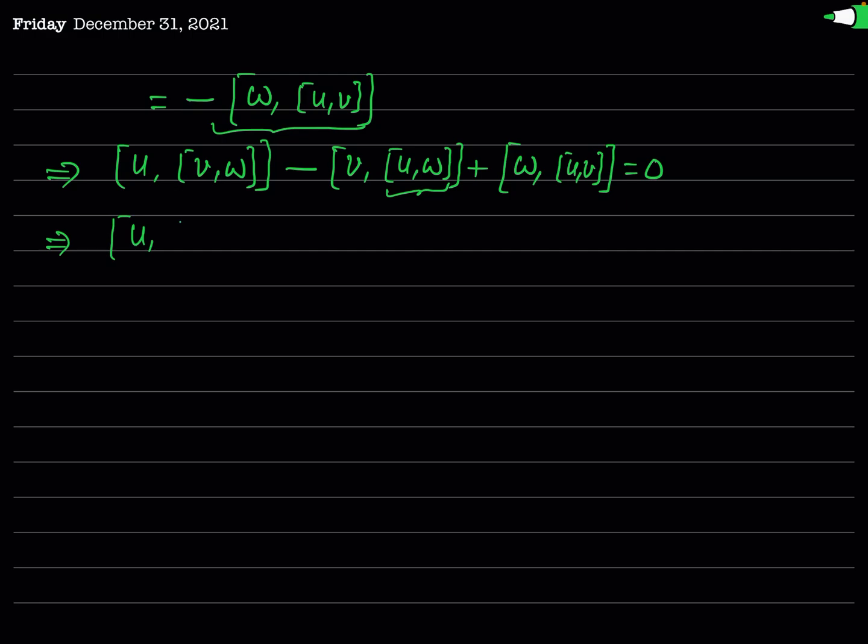So you can write it in this way. This is Poisson bracket of u with Poisson bracket of v and w, plus Poisson bracket of v with Poisson bracket of w and u, and plus Poisson bracket of w with Poisson bracket of u and v, and this is equal to 0.